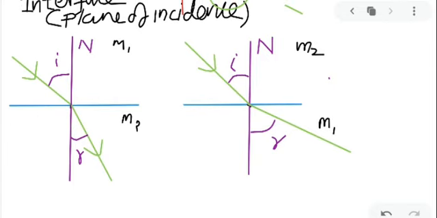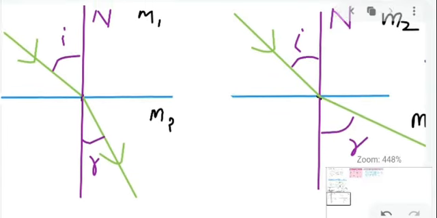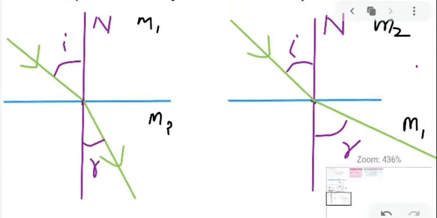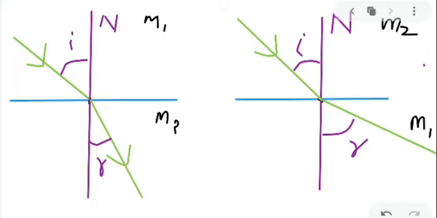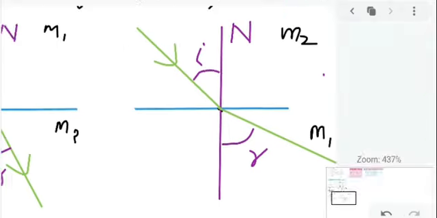So we have drawn the two cases separately, and you can see what happens when a light ray travels from one optically dense medium to another optically dense medium. Obviously, both medium 1 and medium 2 should be transparent. There is no doubt on that, or at least translucent in certain cases.